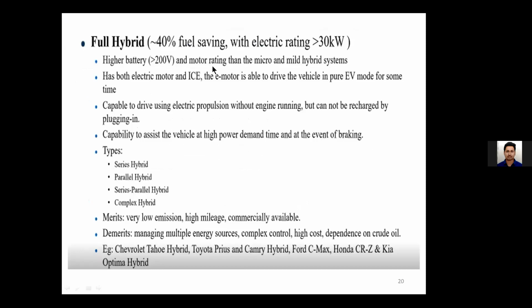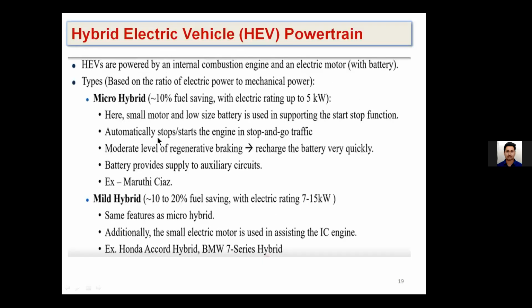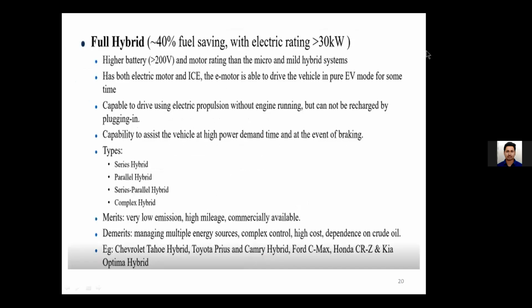In the full hybrid, the rating is more than 30 kilowatts. In the previous cases, the battery voltage levels may be some 12 or 15 volts, not more than that. But here, as the power rating is increased, correspondingly the voltage level is also increased, to around 200 volts. Around 40% fuel saving is possible.